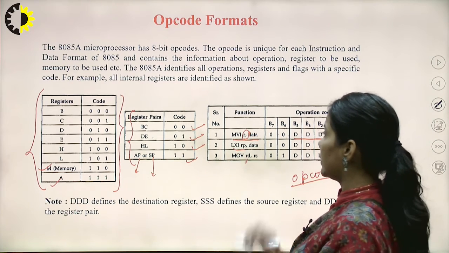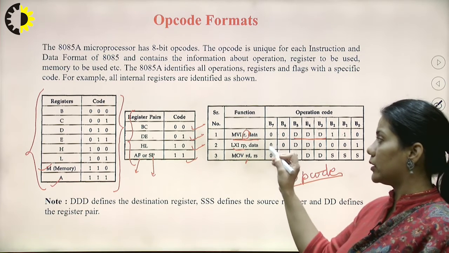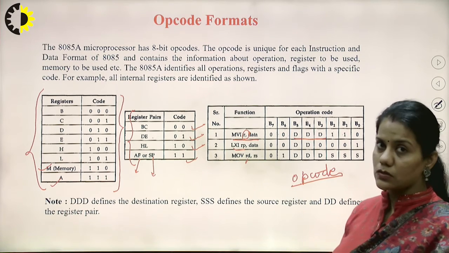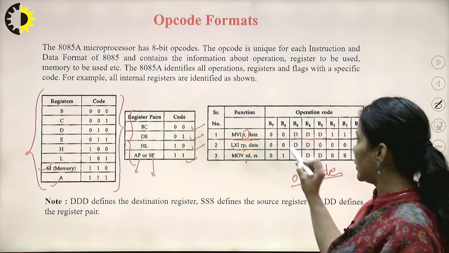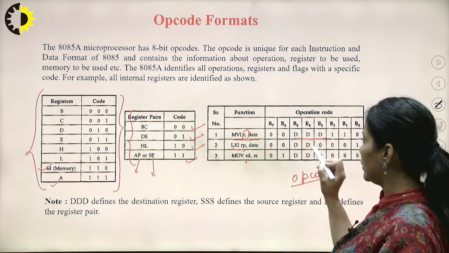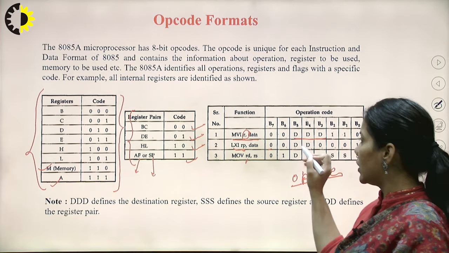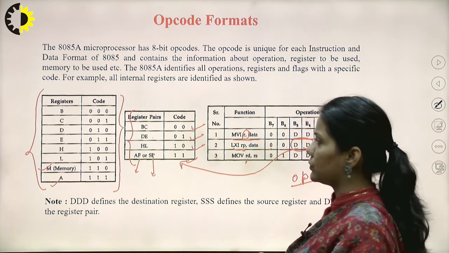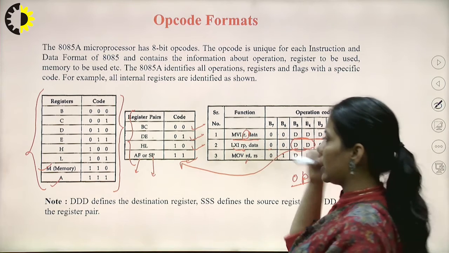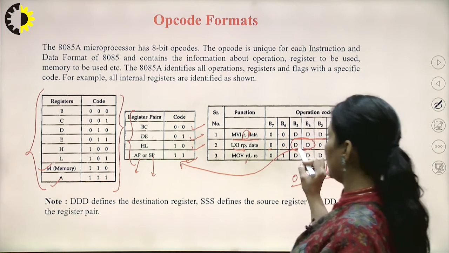Similarly, LXI register pair comma data loads the immediate data into the register pair. Here the opcode is 00 D, the destination register pair, followed by 0001. This is tentative and depends upon the register pair we are using. So if it is LXI B comma data, then 00 will be here.